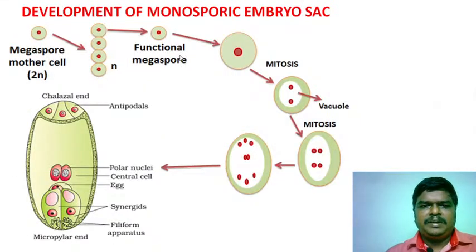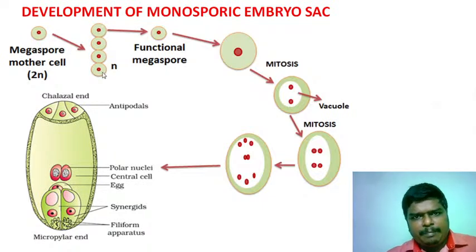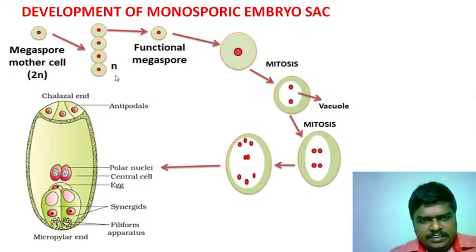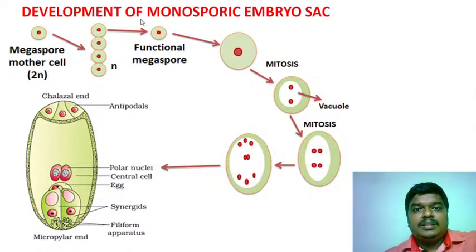You can see the development here, how it is going to develop. The megaspore mother cell undergoes meiosis and forms 4 haploid cells. Among that, 3 degenerate and 1 develops into a functional megaspore. The functional megaspore undergoes mitotic cell division and becomes 2 cells.